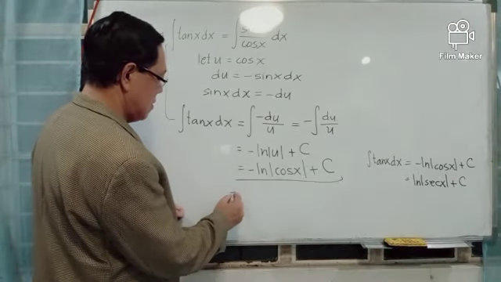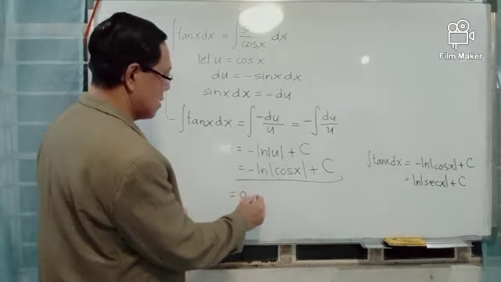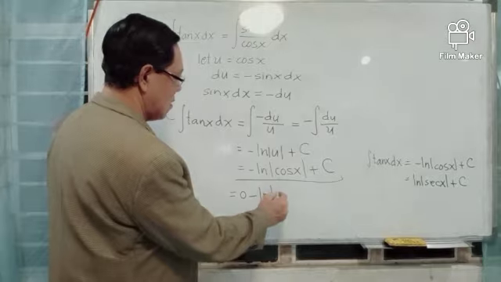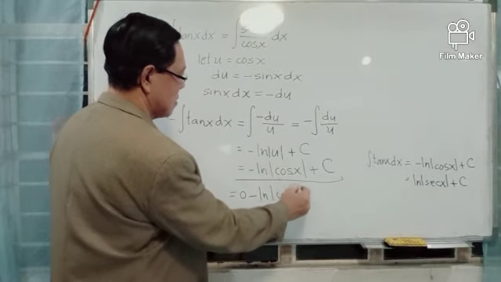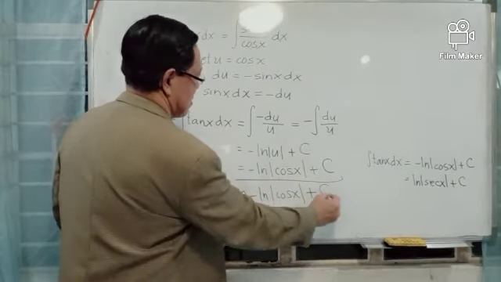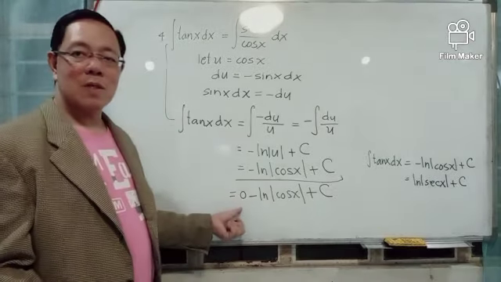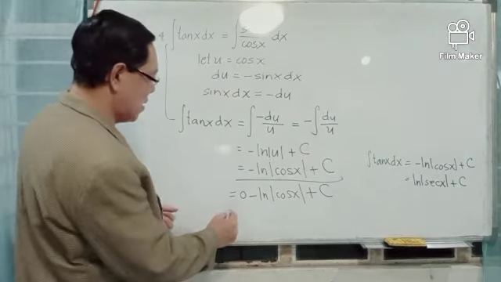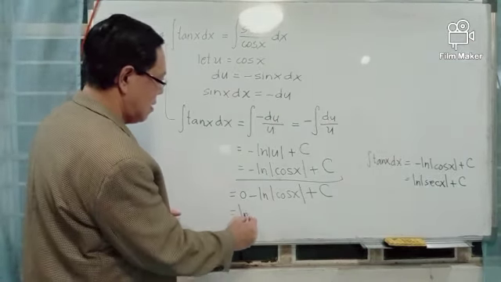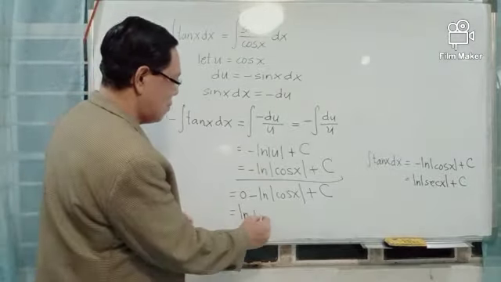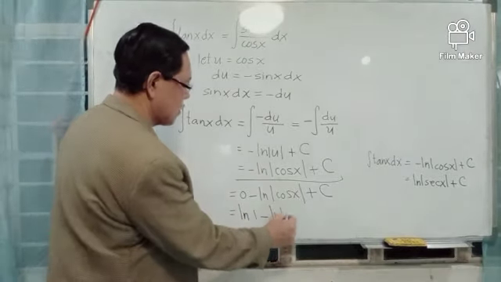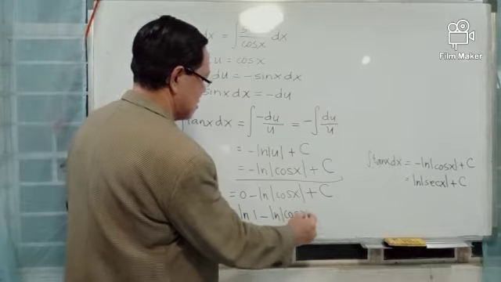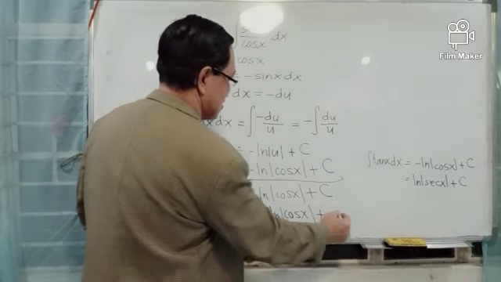We have 0 minus ln of cosine x plus c. But 0 is equal to ln of 1 minus ln of cosine x plus c.